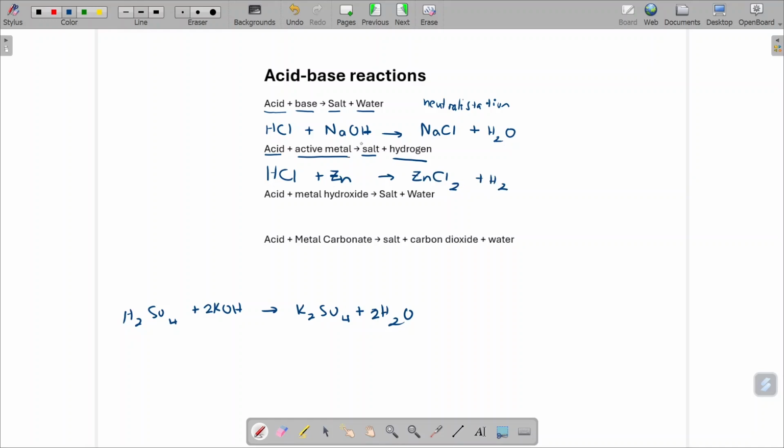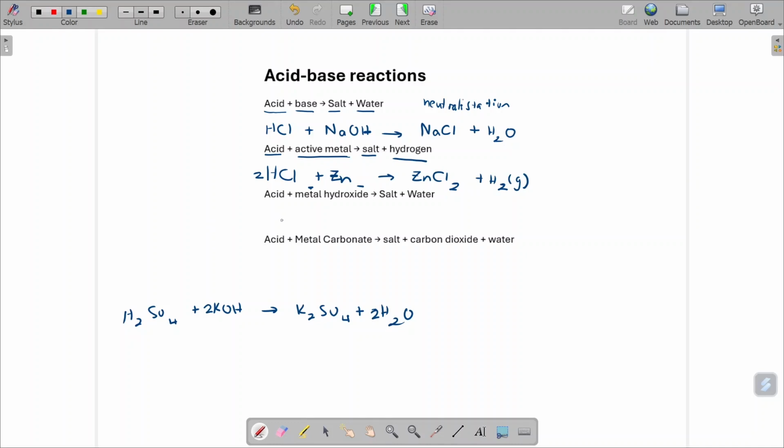You notice that nowhere in this is there any oxygen. And so the product can't be water because there's no oxygen for the hydrogen to react with. So if we have something like this, then we will have a product of hydrogen gas instead of water.